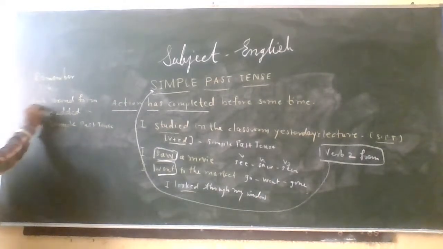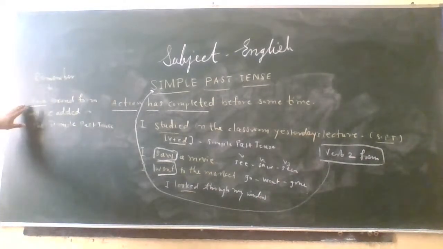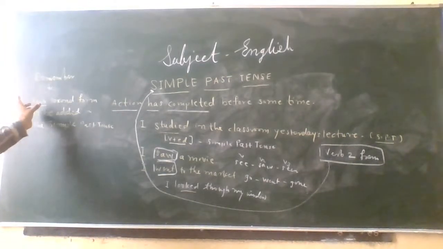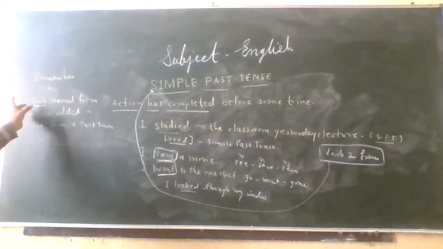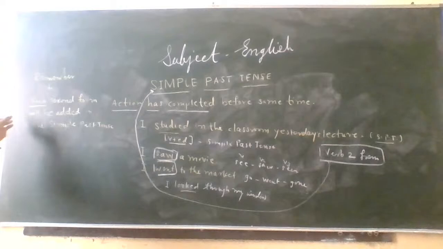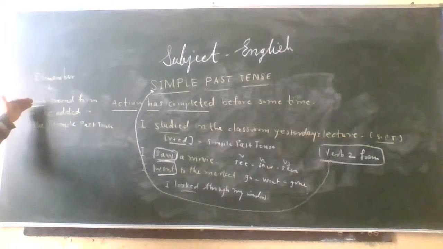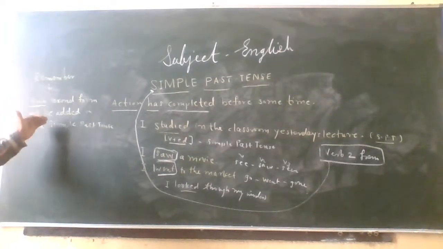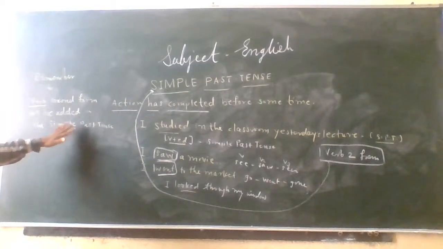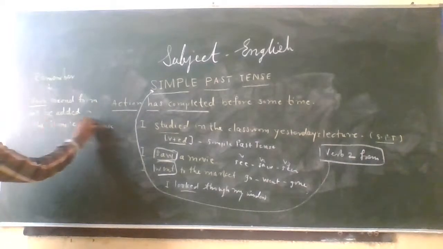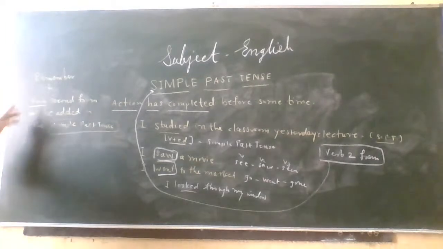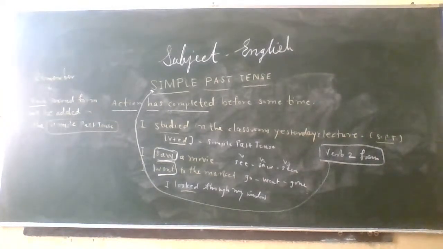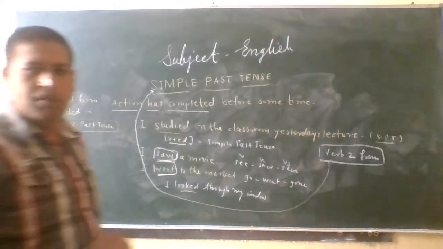Only you should concentrate on the verb. Verb is very important. If you understand the verb and that the action was done in previous time or some time before, we can understand the thing. Otherwise, you cannot understand the second form of the verb, you will not identify that. Remember, only verb second form will be added in the simple past. So it is very easy to identify the simple past.